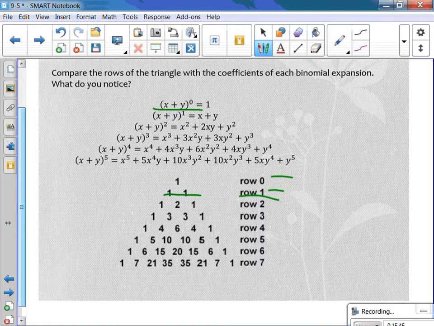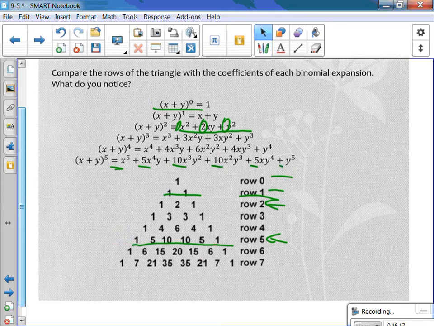If we take a look, we have our coefficient of 1, coefficient of 2, coefficient of 1, all the way on down to, if we go to our row 5, which is where we expanded it to the 5th degree, it says that we should have coefficients of 1, 5, 10, 10, 5, 1. Sure enough, 1, 5, 10, 10, 5, 1. Again, we can also get that just by doing our n choose r. Pascal's triangle, it also gives us those coefficients just like that as well.